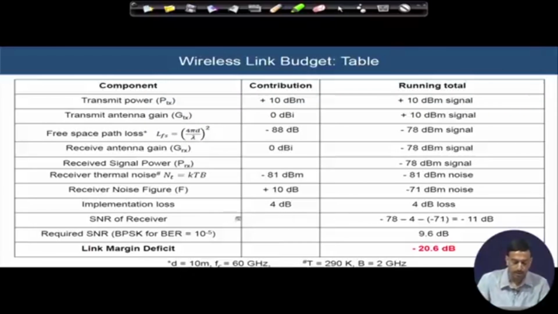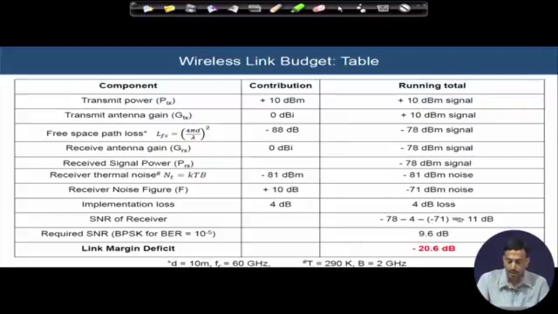dB. Now we already know from theory that for a target BER of 10 to the power of minus 5, BPSK mandates an SNR requirement of about 9.6 dB. This can be obtained from the BER, or bit error rate, curve versus SNR for a typical BPSK system.